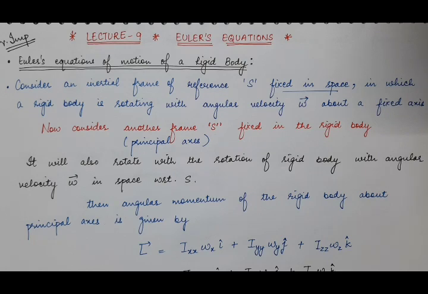So here, to derive these Euler's equations of motion of a rigid body, first of all, consider the inertial frame of reference. And this inertial frame of reference, we will study in our next chapter. Basically, these inertial frames of reference are the coordinate systems which move with constant velocity relative to another inertial frame of reference.